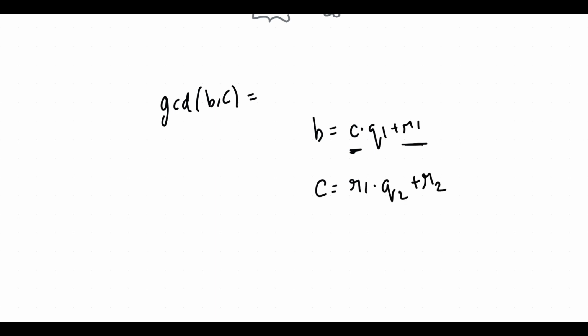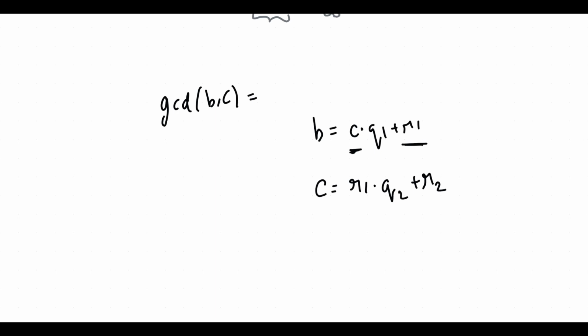If b is c into q1 plus r1, then the Euclid algorithm says you have to divide c by r1, and it will go on.